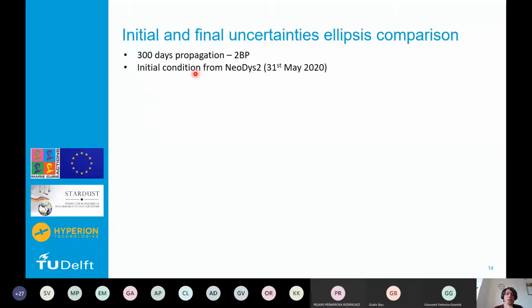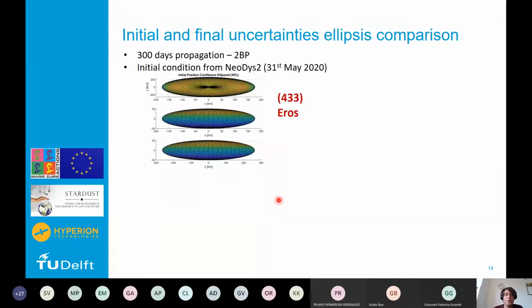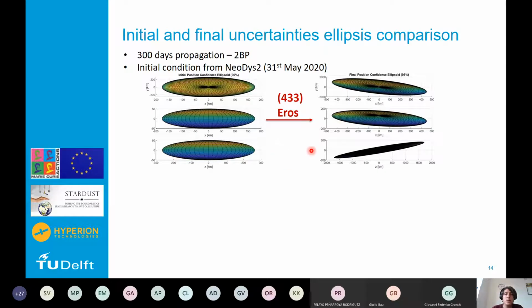I took as an example two asteroids, Eros indeed, in which you can see a rough error below 200 kilometers. And if we propagate the ephemeris, we see that the uncertainties grow at the flyby time, and we are slightly below 2000 kilometers, so one order of magnitude increase.